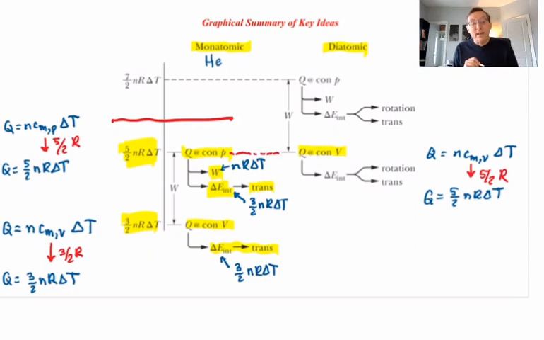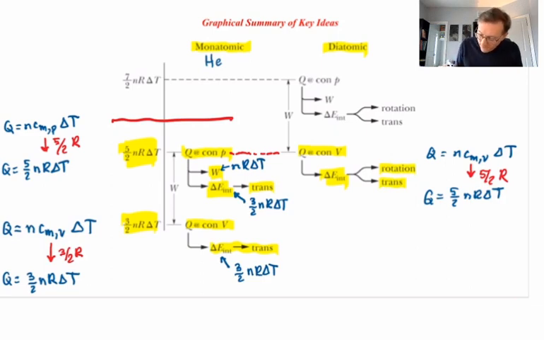Now, all of that energy as heat, Q, all of it, if V is constant, goes into increasing the internal energy. That in turn gets divided because it goes into increasing the energy due to translation of the molecules and due to rotation.